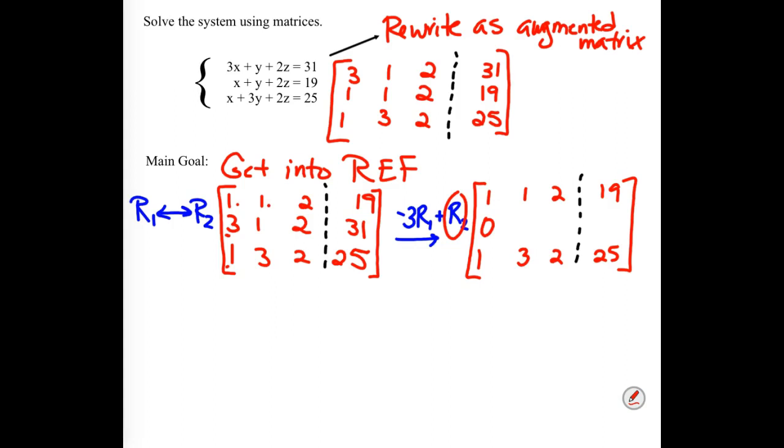Negative 3 times this next one is negative 3. Adding it to the 1 here would be negative 2. Negative 3 times 2 is negative 6. Added with a 2 is negative 4. And negative 3 times the 19 is negative 57. And we're adding it to 31, which gets me negative 26.